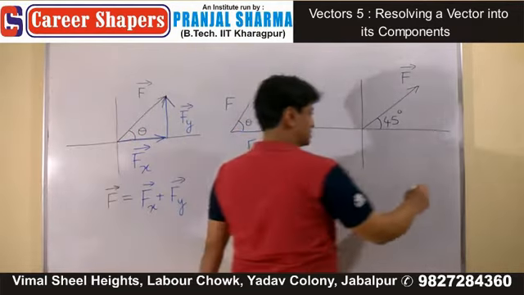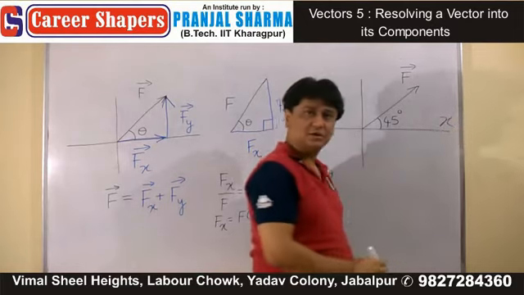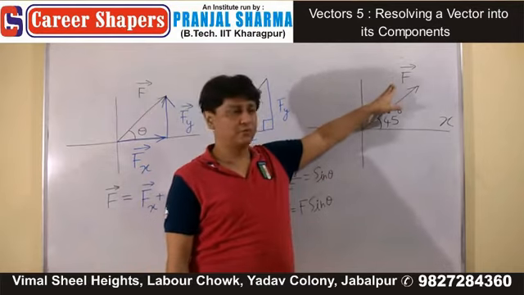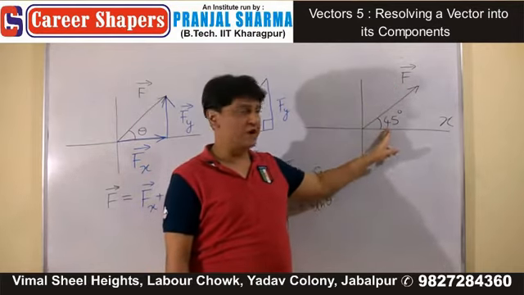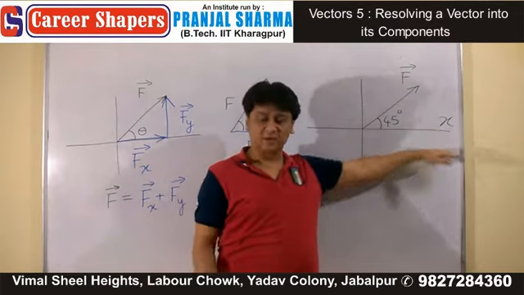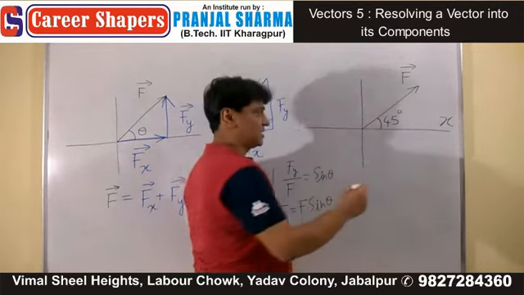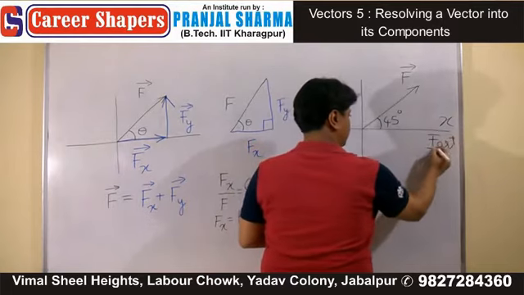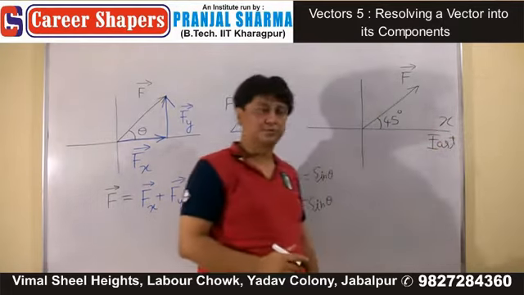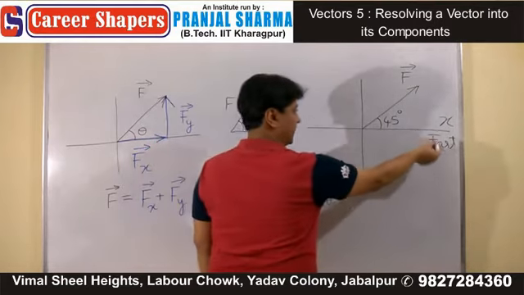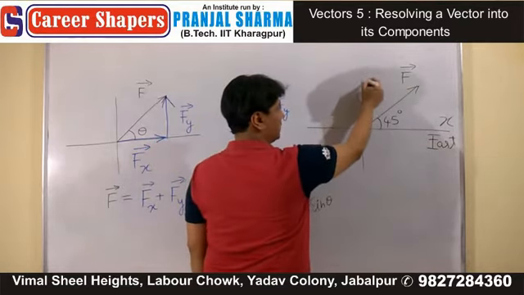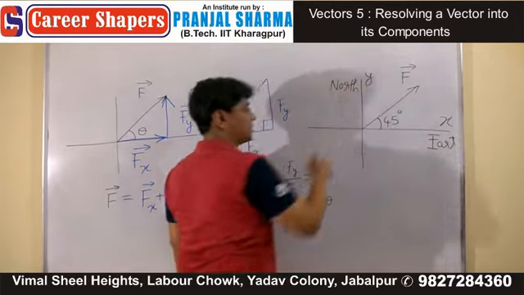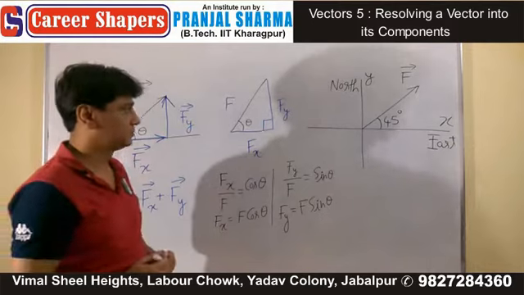This horizontal axis is for us the x-axis. We are being given this vector F, which makes an angle of 45 degrees from the x-axis. And let's say this x-axis represents east. Then the y-axis automatically becomes north.